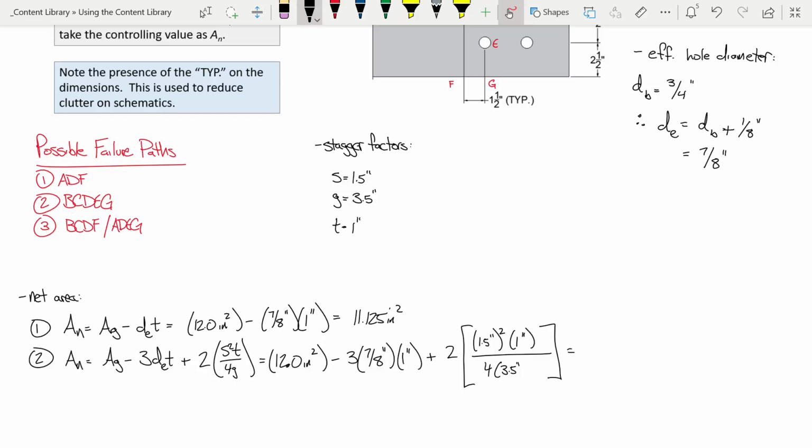Oops. Anybody got an answer for me? We'll say 3 decimal places. 9.696. Do I have a second on that? Yeah. All right.